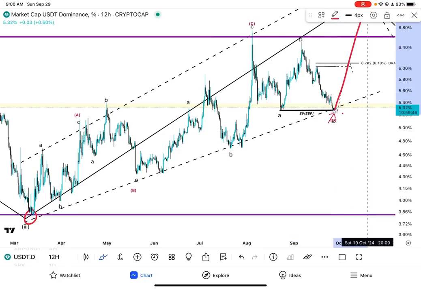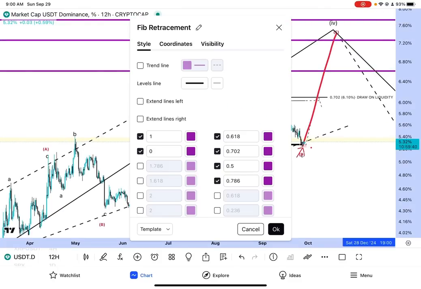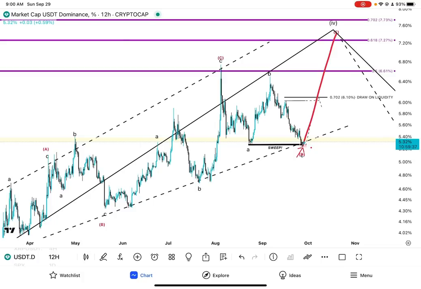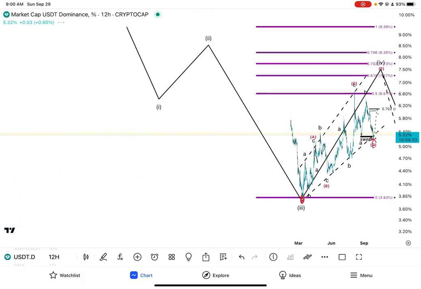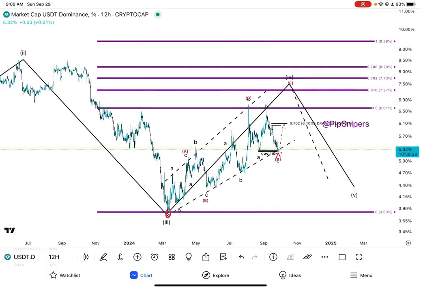Now we're just missing the E wave. And that E wave would take us above this high at 6.61% towards 7.27.